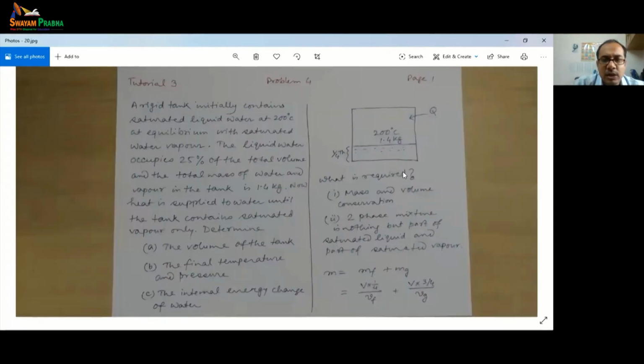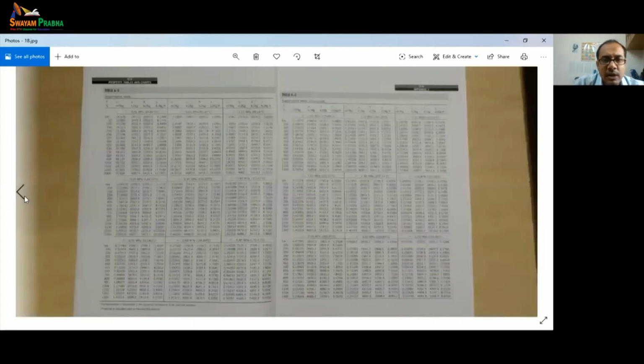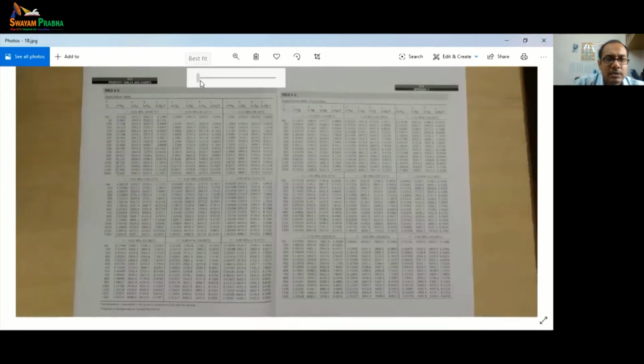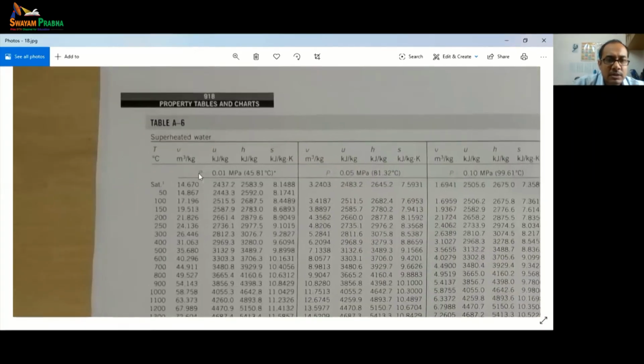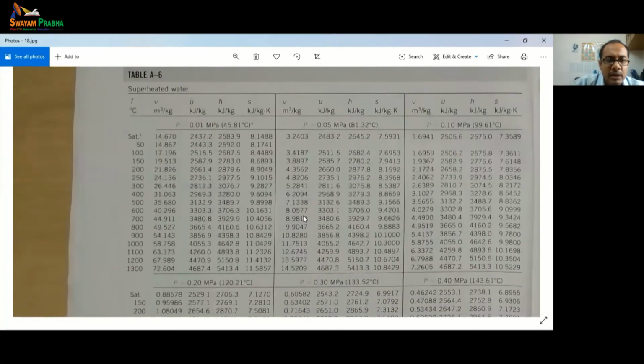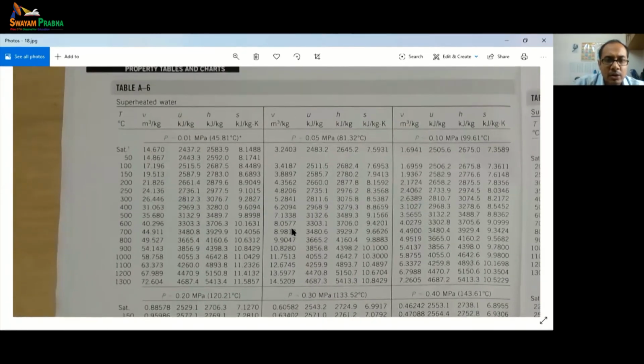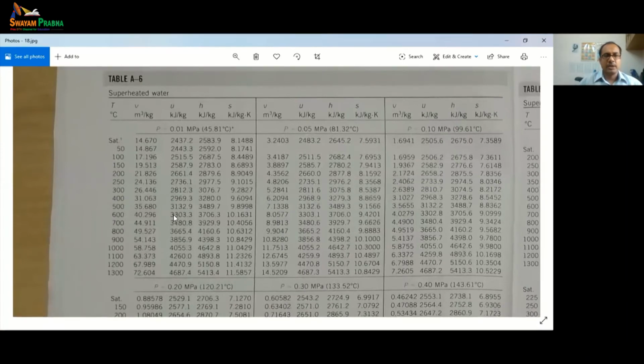So let's go to the superheated vapor table. Okay, let's see whether this is the superheated vapor table. Yes, it is. This is the superheated vapor table. And we have to find 250 degrees centigrade.